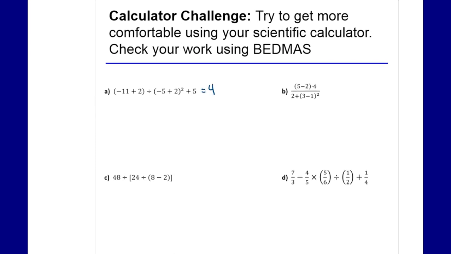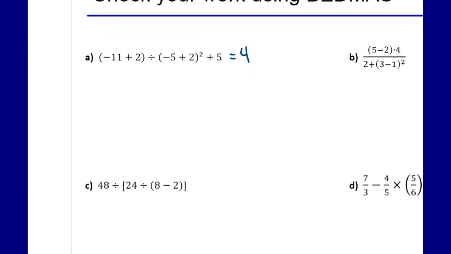I'm going to go through and we'll solve this one, and then the other ones I'll let you try on your own. I'll just enter the answer into the calculator. So we have brackets first. -11 plus 2 is -9, divided by -5 plus 2, which is -3, squared, plus 5.